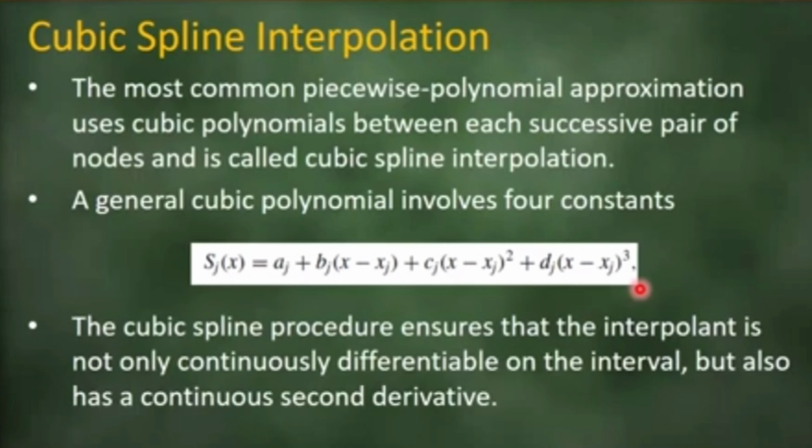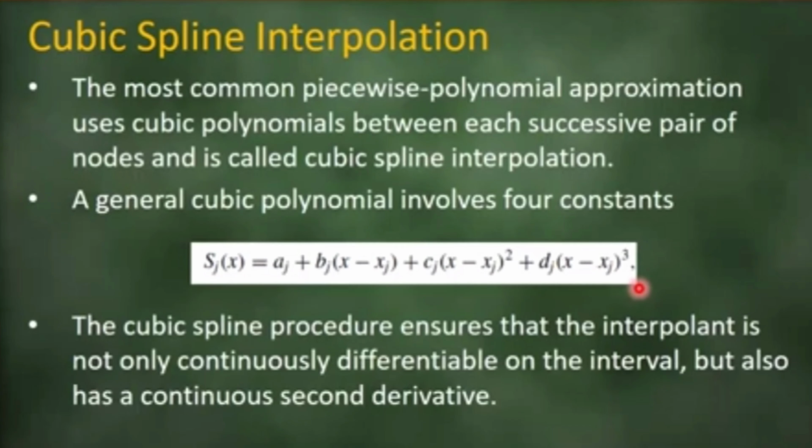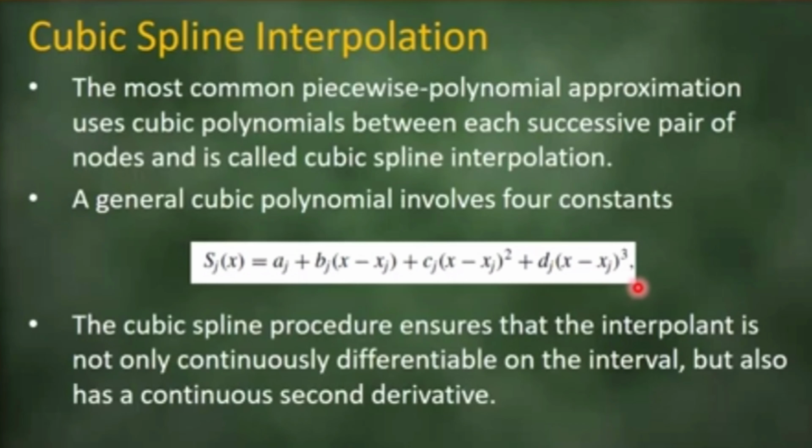So, ito yung S sub j of x equals a sub j plus b sub j times x minus x sub j plus c sub j times x minus x sub j squared plus d sub j times x minus x sub j cubed, which is a sub j, b sub j, c sub j and d sub j. Yun yung mga hinahanap na constant natin, na unknowns, 4 unknowns.